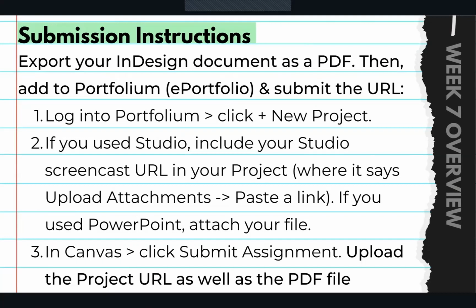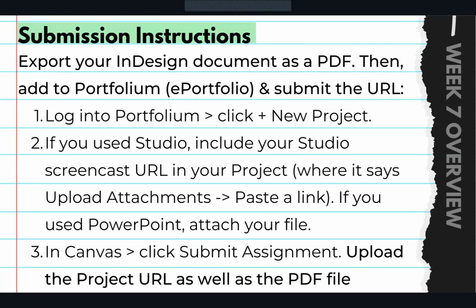Again, if you choose to create your UX research report in another application, you can totally do that, but please make sure that when you're submitting that document, it is a PDF file. Then you want to add that PDF file as well as the URL and submit the URL to your portfolio, your e-portfolio. You want to submit all of that information.